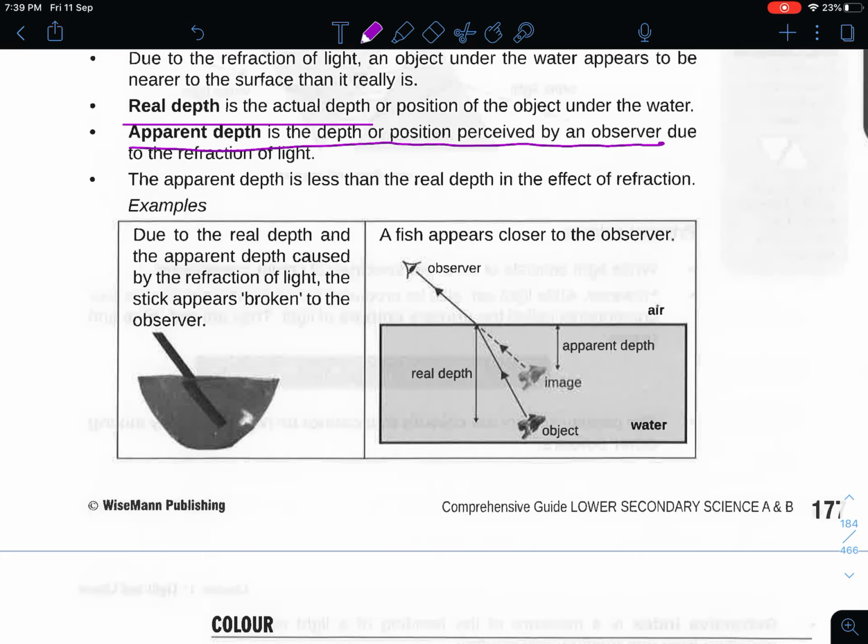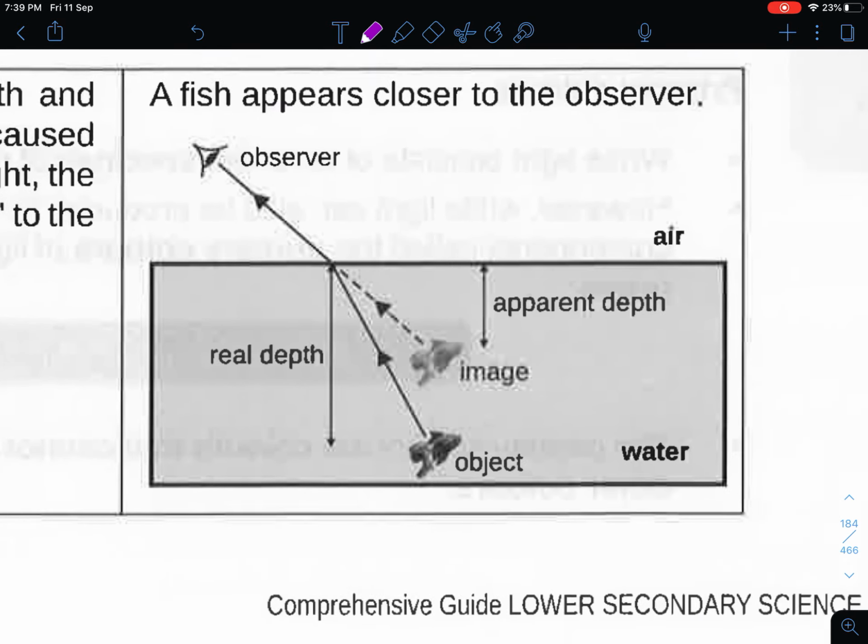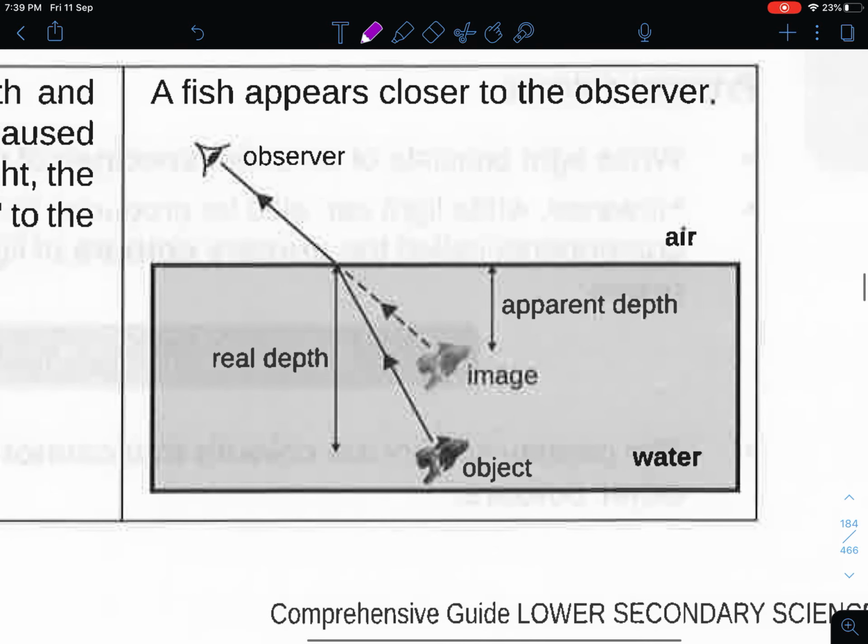So for example, let's say the fish is the object and is swimming over in this area. Due to the bending of light, because the light ray doesn't come from your eye, instead it comes from the source. What will happen is you are moving from an optically denser medium to a less dense medium.